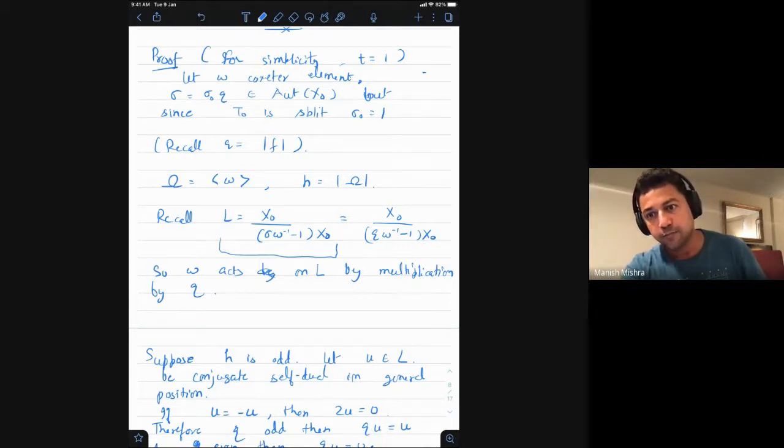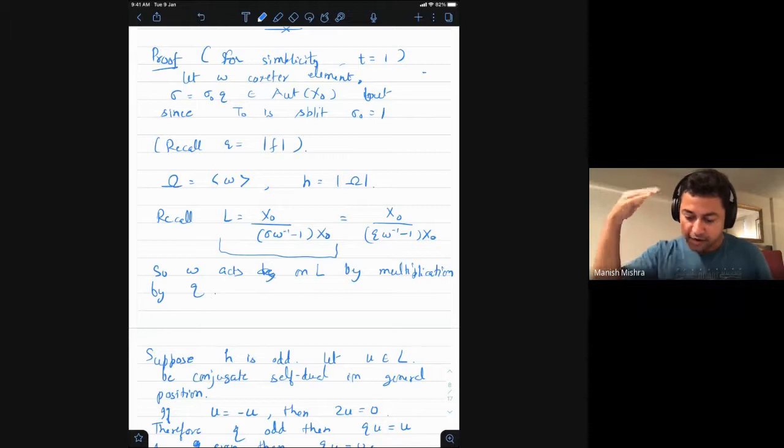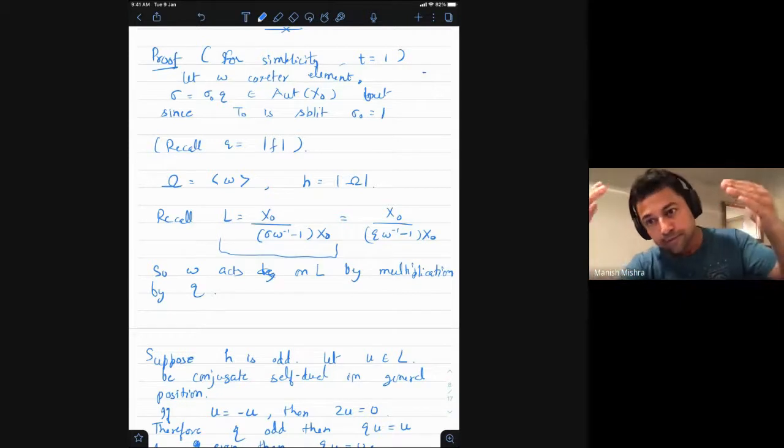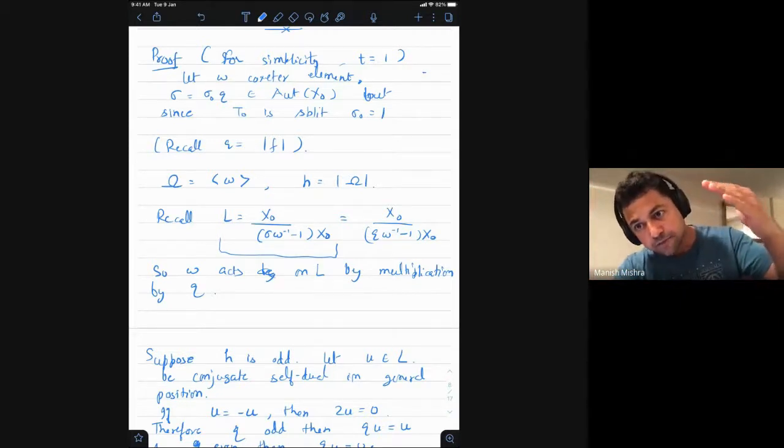So you have to find a prime which divides the cardinality of L. Then you will be able to find a cyclic group, and the prime should be such that the order of q is h mod that prime.